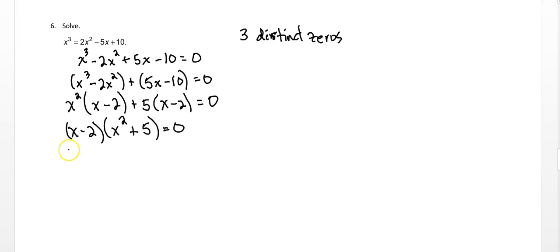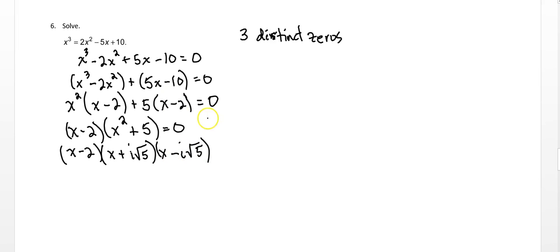Therefore, this will factor down a little more. We have x minus 2, and this will factor into x plus i root 5 and x minus i root 5.